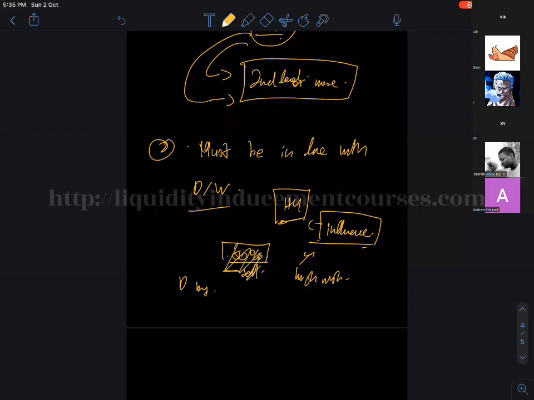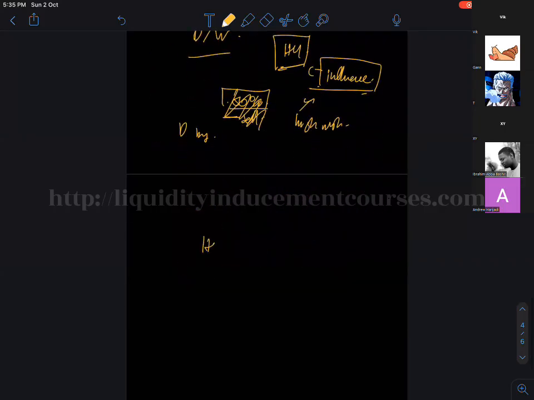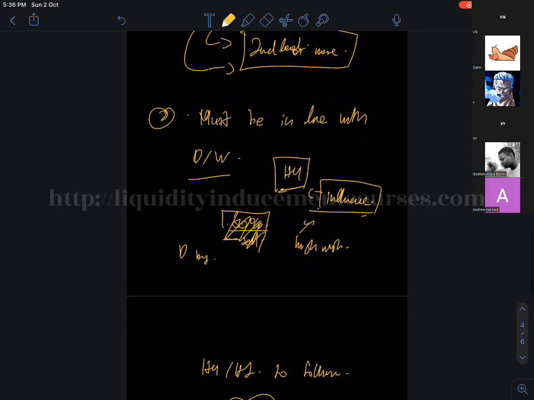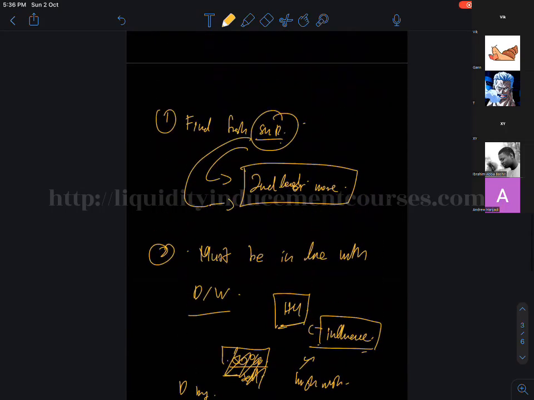So basically, use H4 and H1 to follow daily and weekly. First of all, find a fresh SNR, and the criteria is it must be the second level or more.